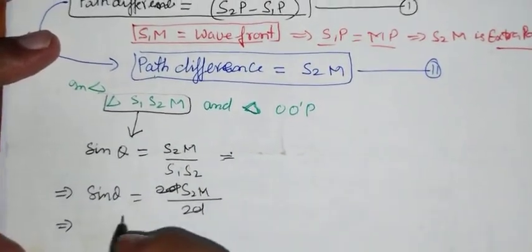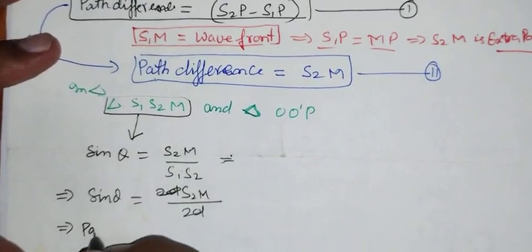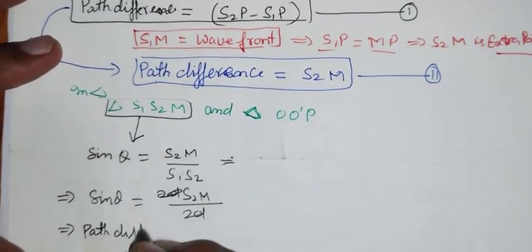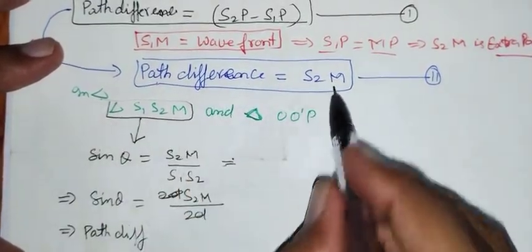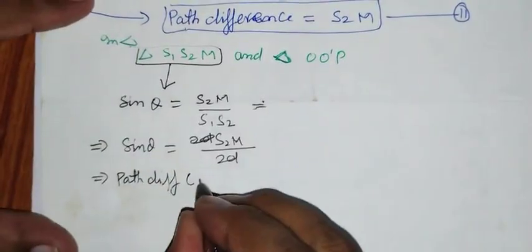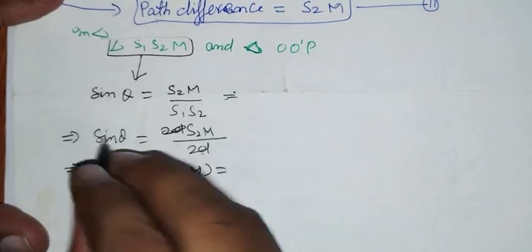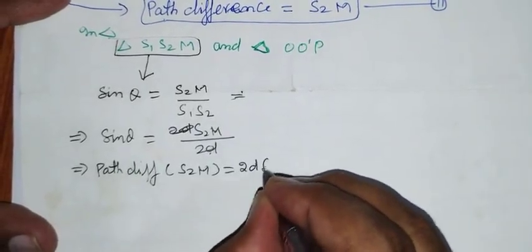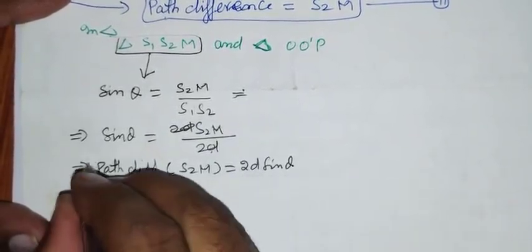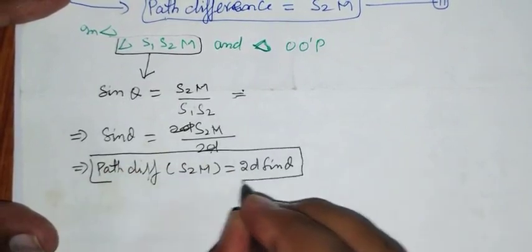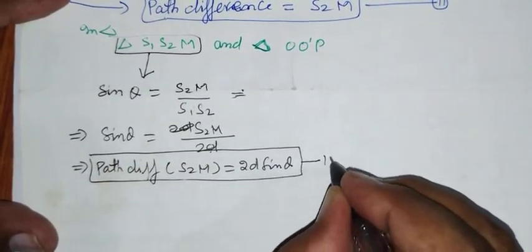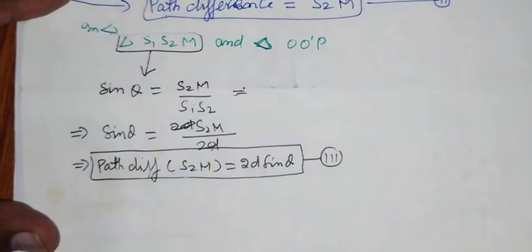This implies that path difference, that is S2M, is equal to 2d sin theta, and it can be treated as equation number 3.